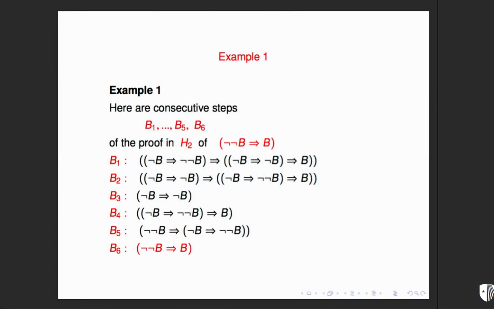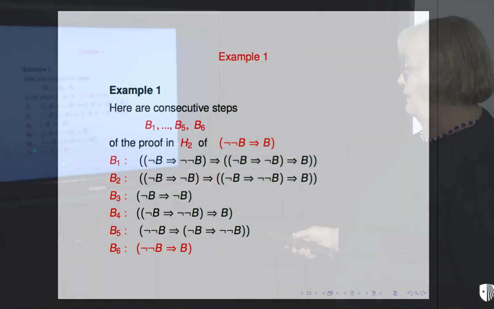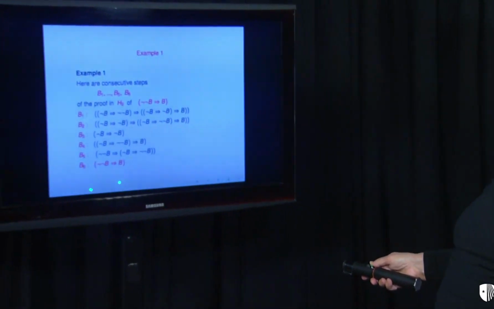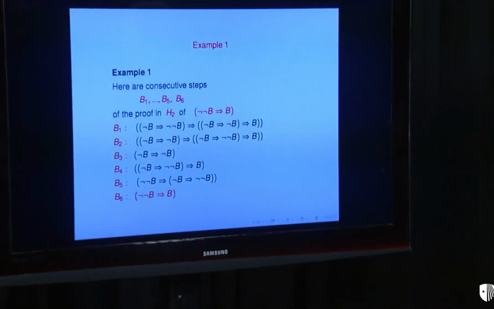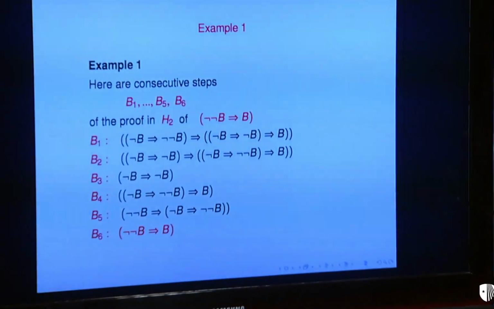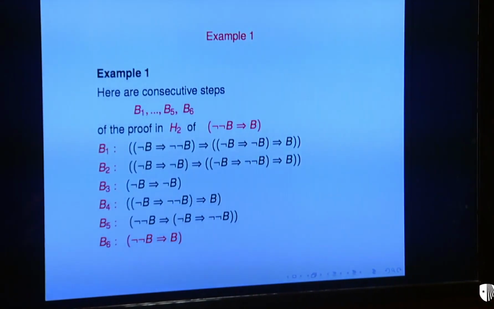Then you have here consecutive steps which form a proof. The first step is a proof of not B implies B, one of the basic tautologies. I give you a proof.